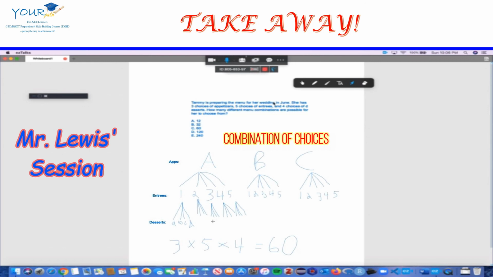If we're really stuck in this problem, we could also look at the different answer options available and think about which ones make sense. If we multiply them together, we would get 60, and if we add them together, we would get 12. The other answer options, 32, 120, and 240, are not very easy to get to, given the information that we have in the problem, so we could rule those out.